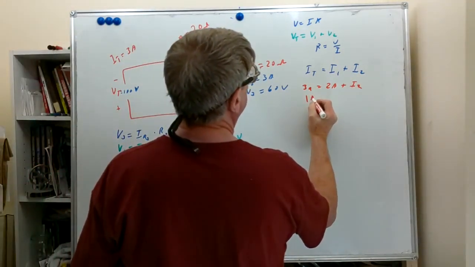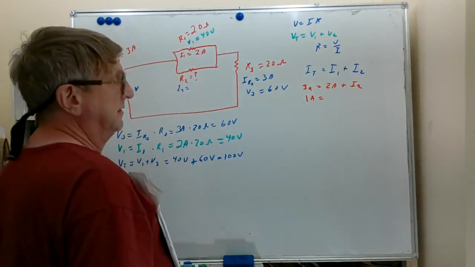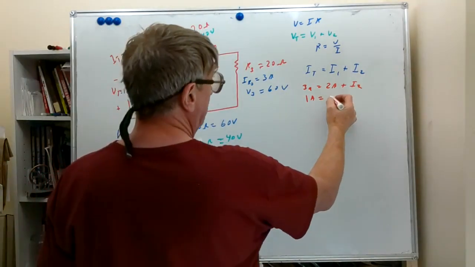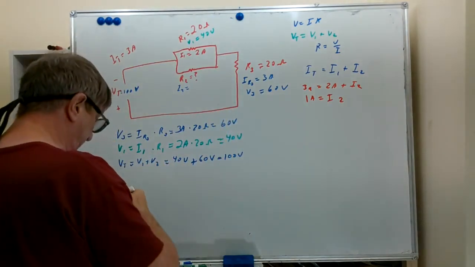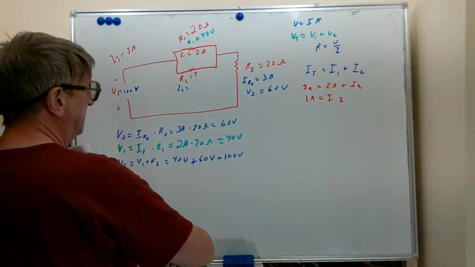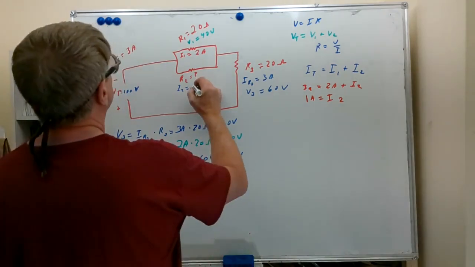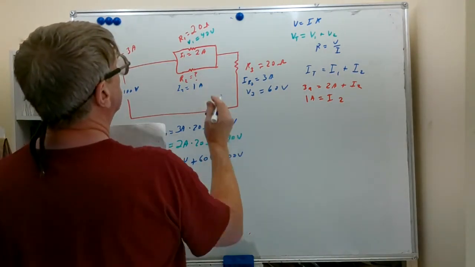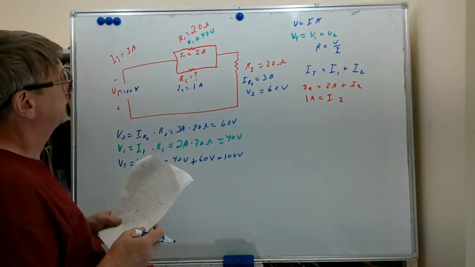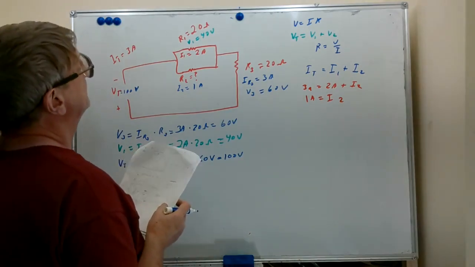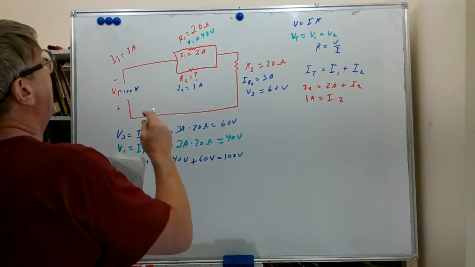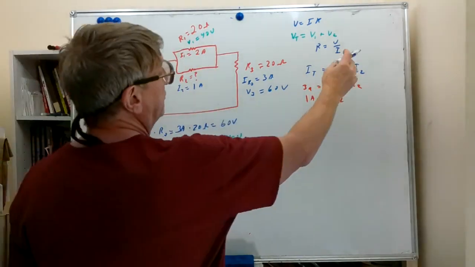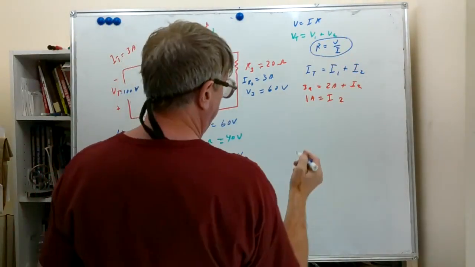We have 1 amp, and 1 amp equals I2. So let's put this on here. I2 equals, let's use the same color we labeled it with. So now we have the voltage and the current, which is what we need to find the resistance.